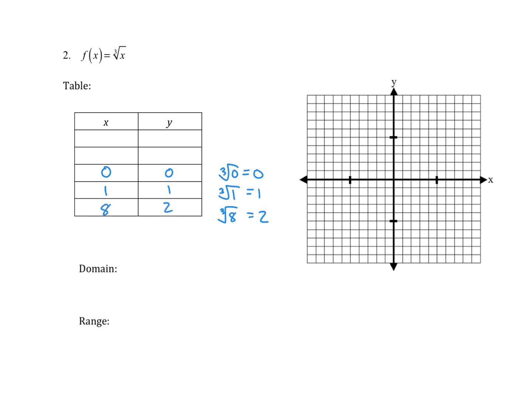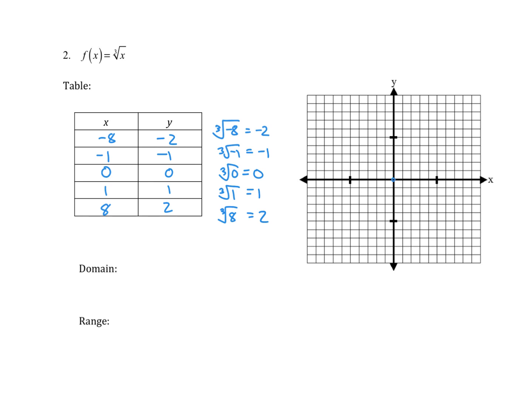But I can also use negative versions of these numbers. The cube root of negative 1 is negative 1, and the cube root of negative 8 is negative 2. So these are the points I'm going to use to graph my function.